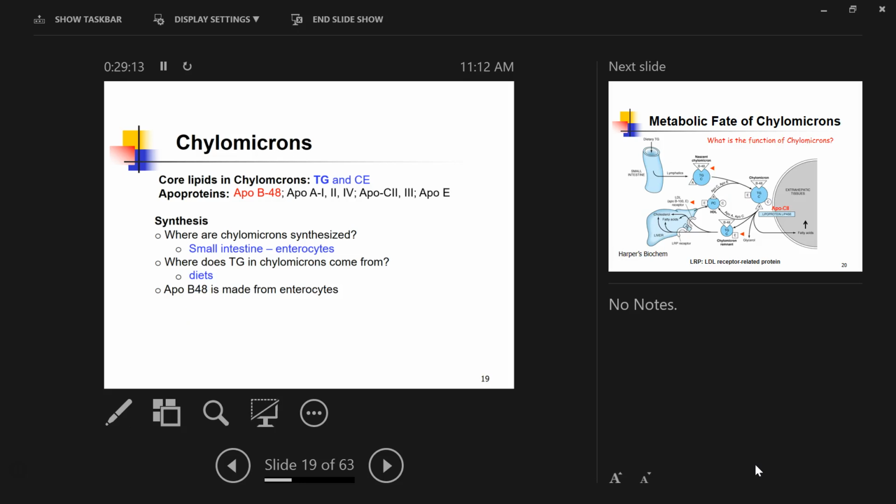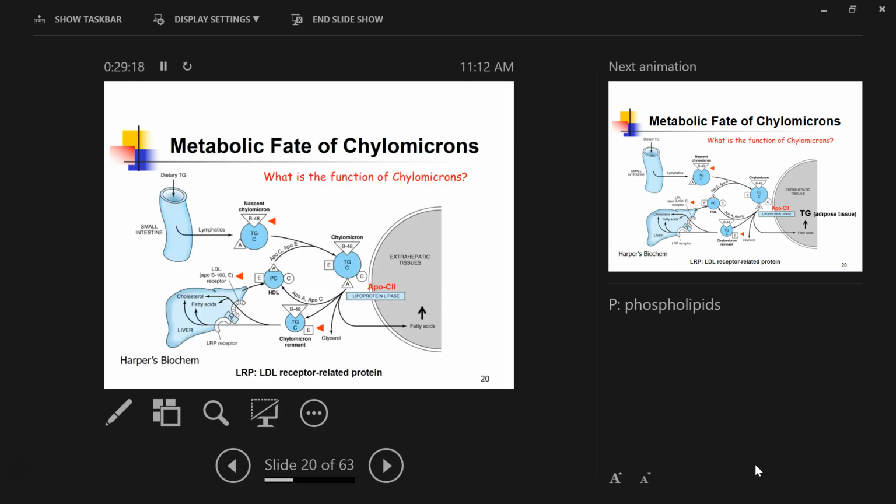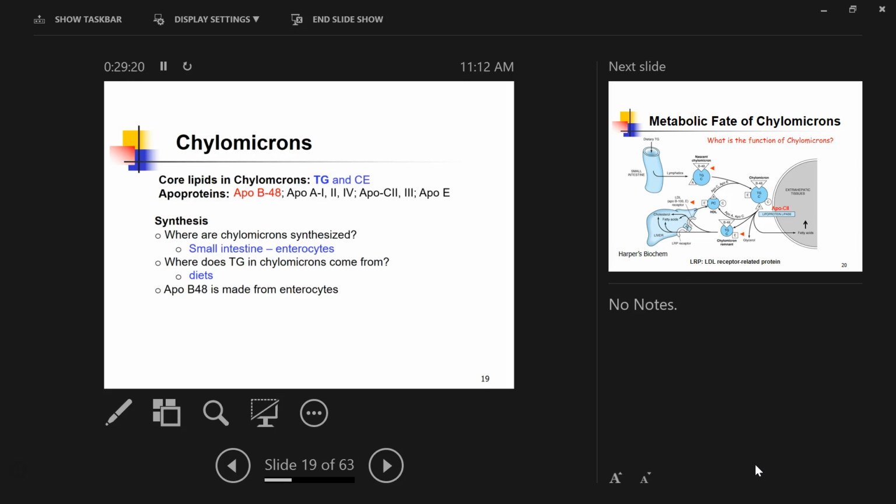And ApoB is made from enterocytes, right? Okay. So all this information is important for chylomicron. Again, chylomicron is the largest lipoprotein, and is also a triglyceride-rich lipoprotein. So the main function of chylomicron is to transport triglyceride from small intestine, which initially comes from diet, to the adipose tissue for storage, right?